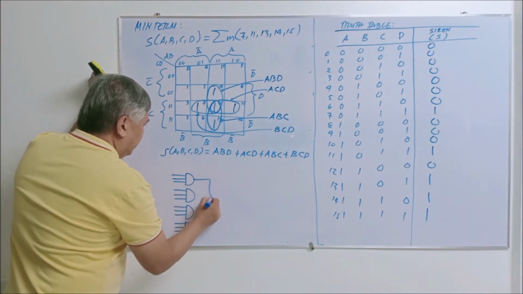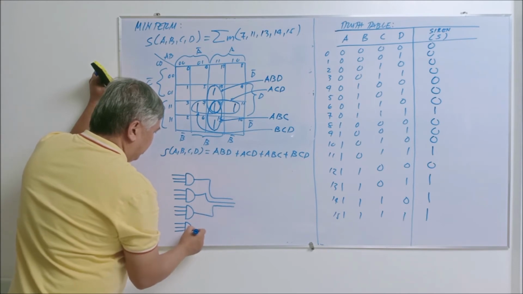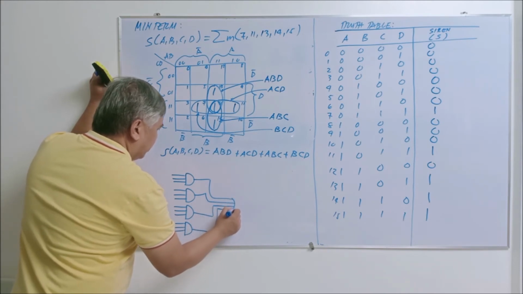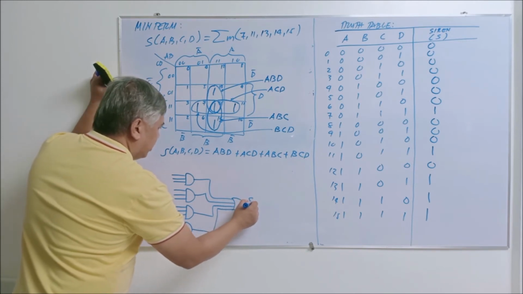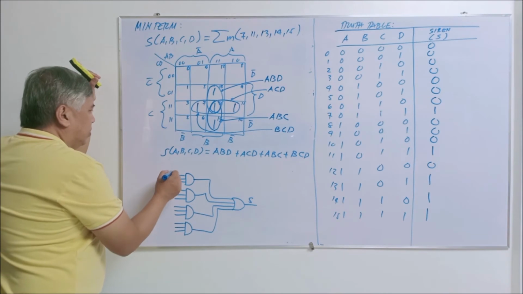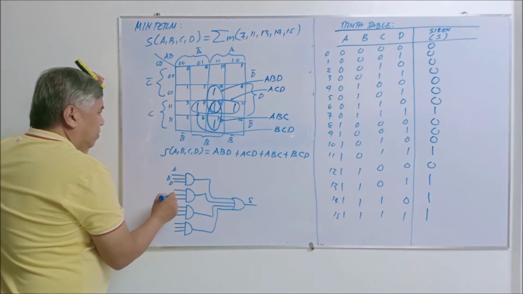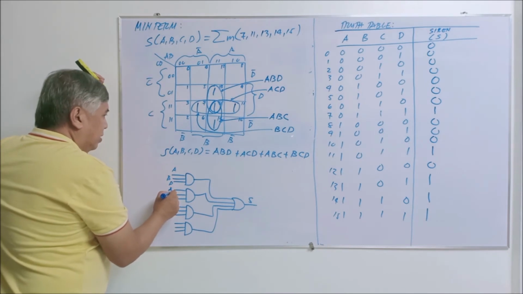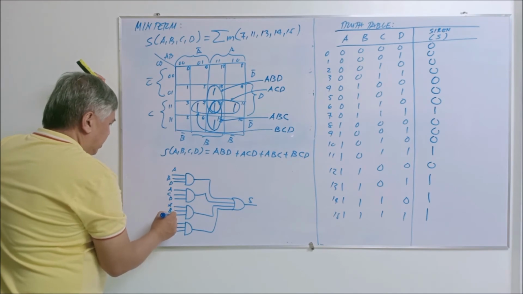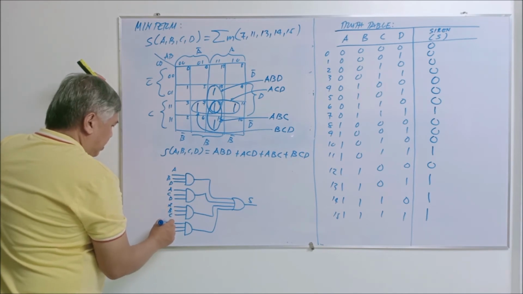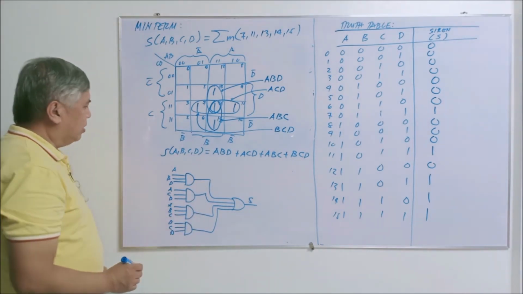Okay? And all of these are being added together or being ORed using an OR gate. So this is your S as a function of A, B, C, D. So this is A B D, A C D, A B C, and B C D. So this will be your logical circuit equivalent.